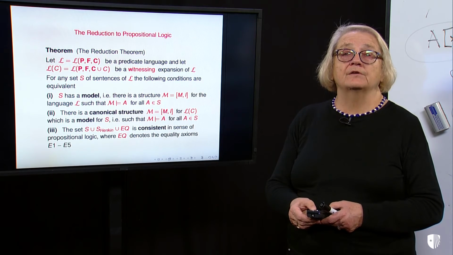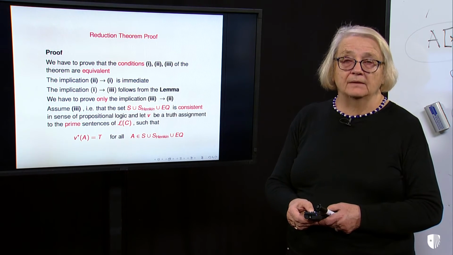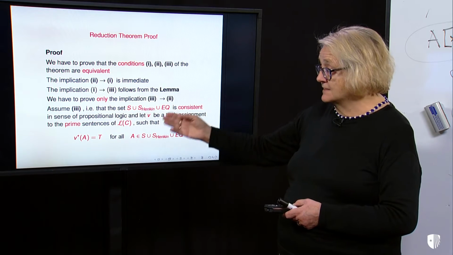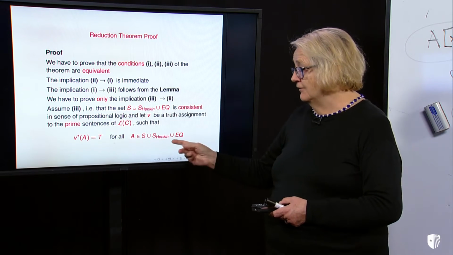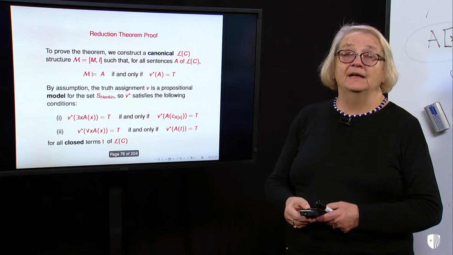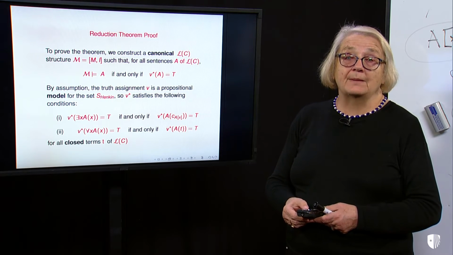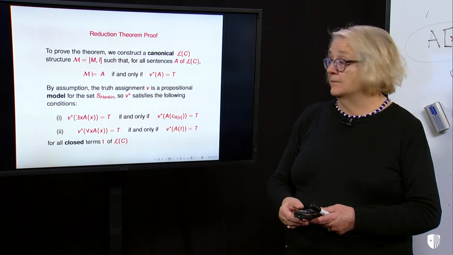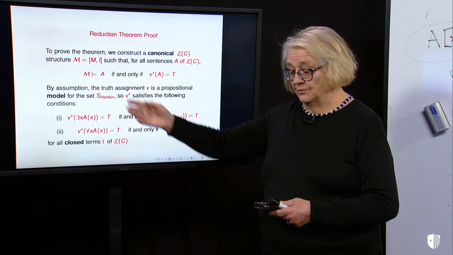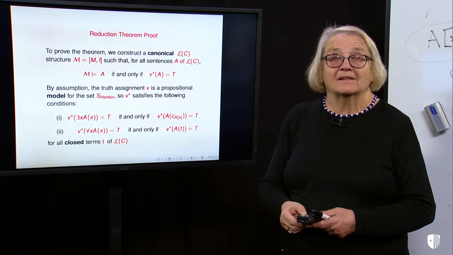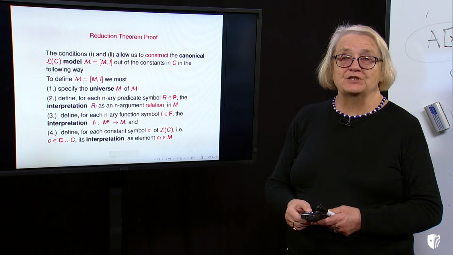So this is the reduction theorem. And then we prove nicely, you see, v(A) equals T. We have to prove that. And we go step by step; you need the closed terms, and you have all the technical definitions.